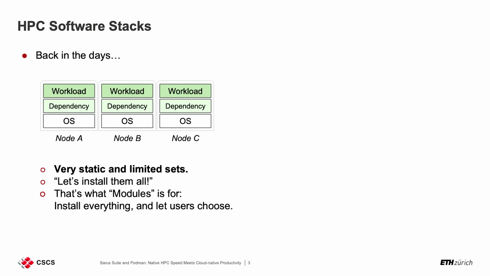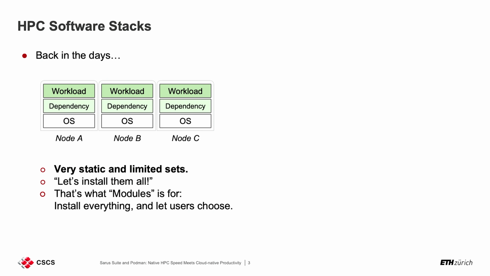So those are the software stack. HPC software stacks were actually very limited and simple, so the best solution was just installing them all. That's actually what we did until now, and actually it worked. So our basic strategy was just installing them all and letting users decide which software stack they want to use.